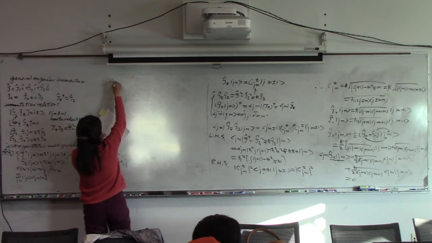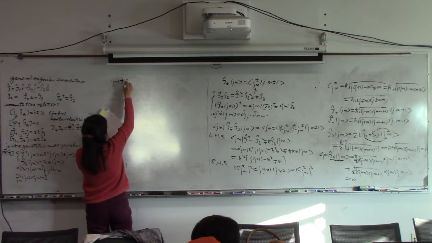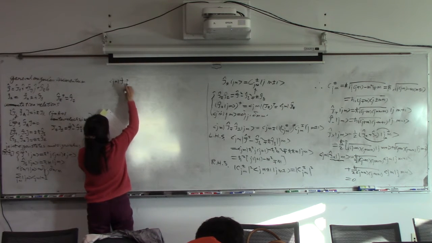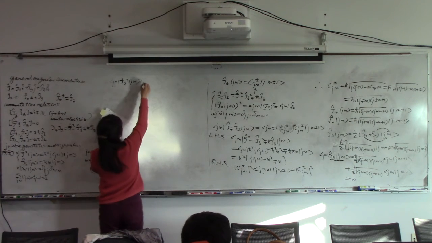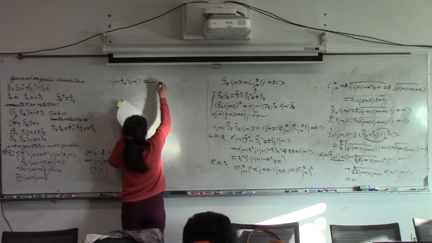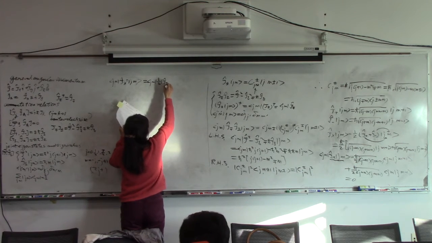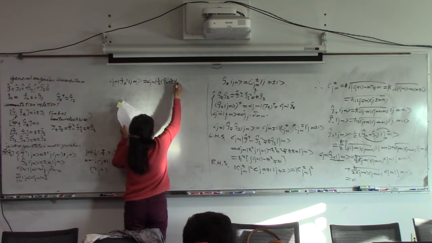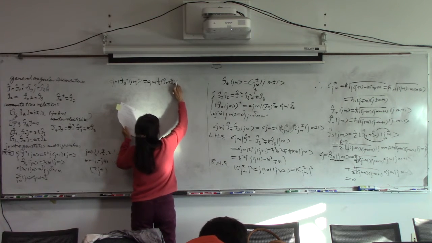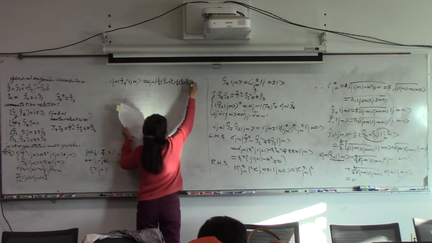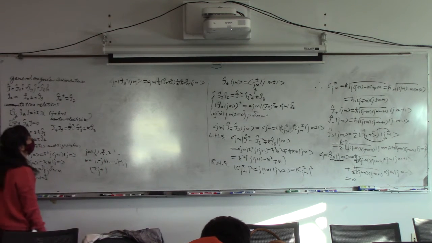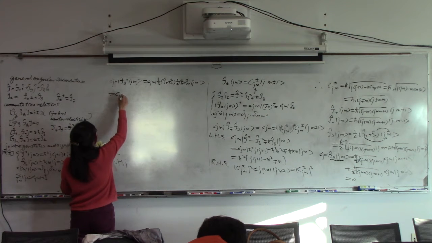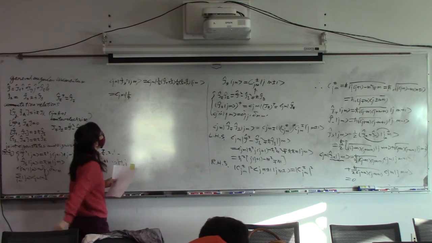But how about the Jx squared? Jx squared is the product of these two, right? J plus J minus. Just do this. Then we need here a quarter.